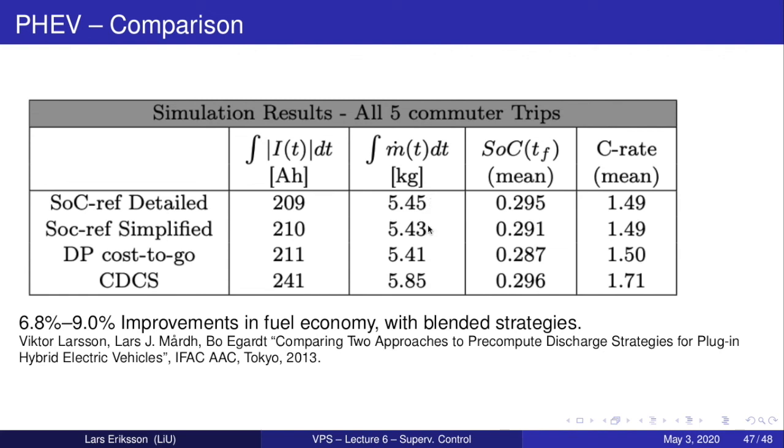This is an equivalence factor, and this is also an equivalence factor, but the equivalence factor has been extracted from the cost to go function. And you can see how much current we are taking out or putting into the battery. And the charge depletion, charge sustain has higher C rate on average than the others. But the most important part here is that by having planning available, we can get access to 7 to 9% improvements in fuel economy compared to the simple charge depletion, charge sustain strategy.